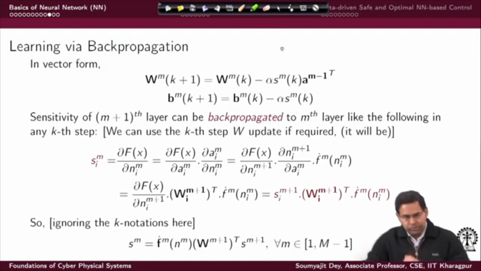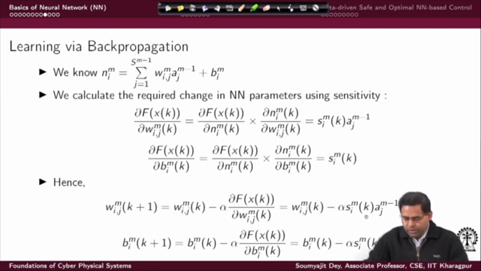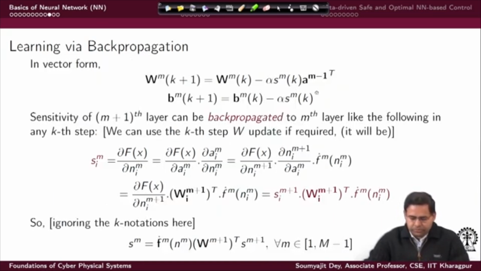Overall, if you write this in the vector form, the expression comes like this. The weight matrix of the mth stage will have the k plus 1th update as per this, and the B matrix in the k plus 1th step will have the update as per this.